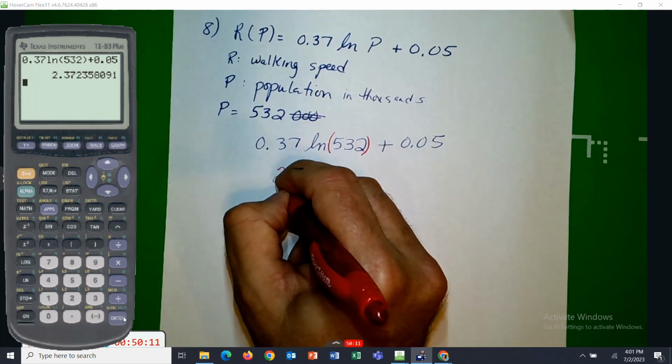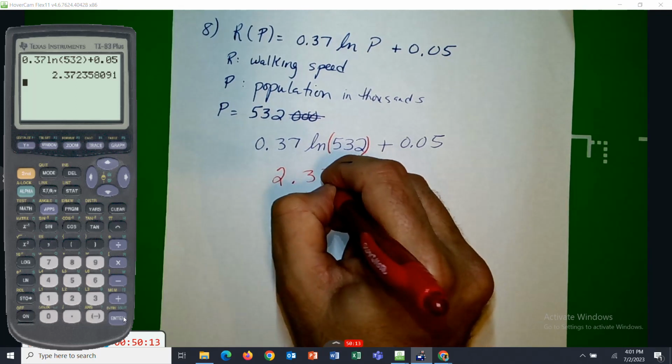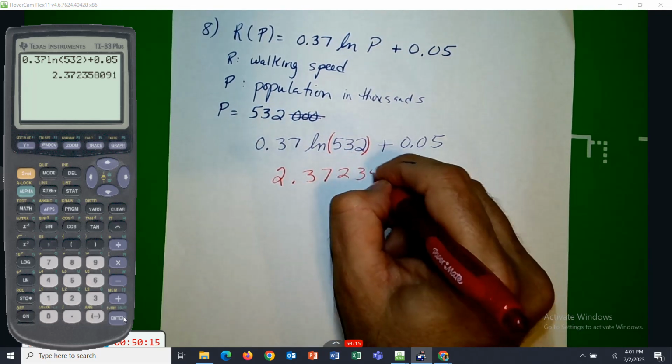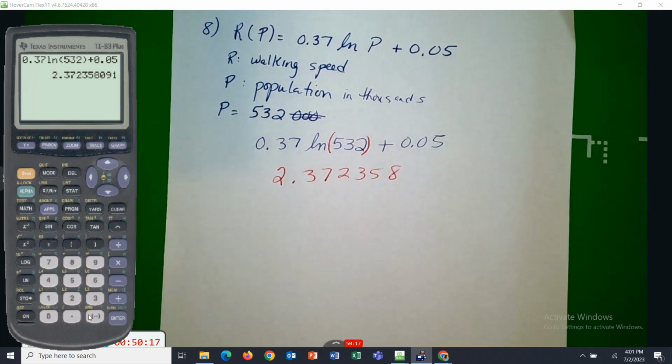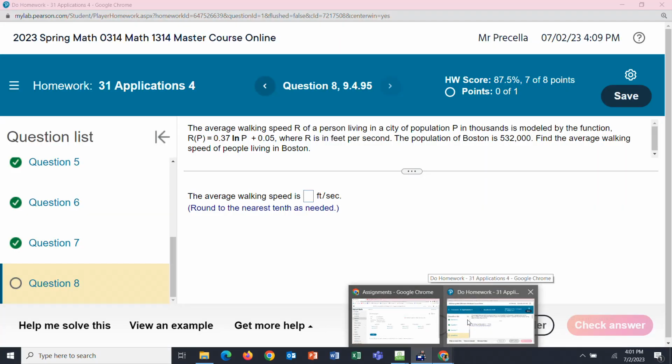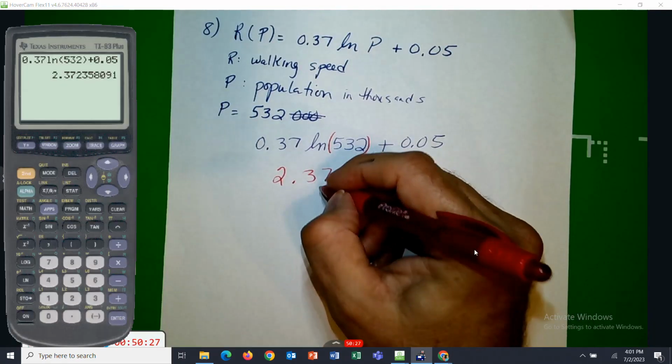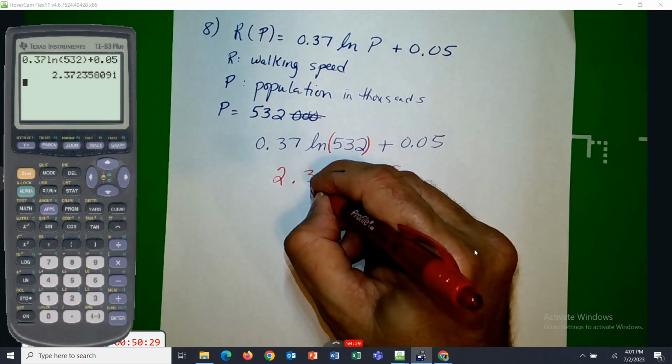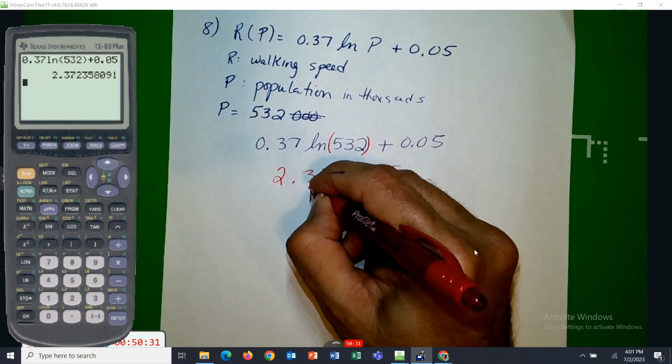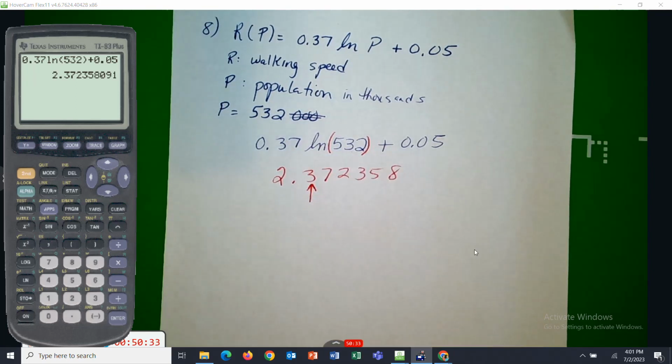And 2.3... I should have looked to see how we round. Round to the nearest 10th. Okay, rounding to the nearest 10th. Will I leave that as a 3 or make it a 4?